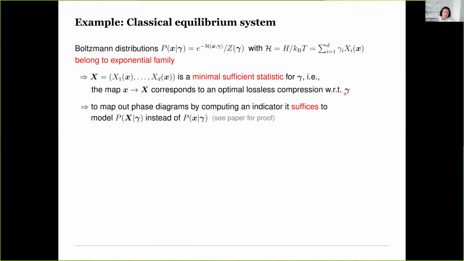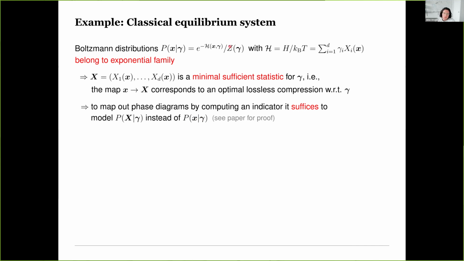And this is important because based on that, one can show that in order to map out phase diagrams by computing indicator functions, it really suffices to model P of capital X given gamma, so the probability distribution over these collective variables, instead of the full probability distribution, which is generally inaccessible due to the fact that X can be very high dimensional.